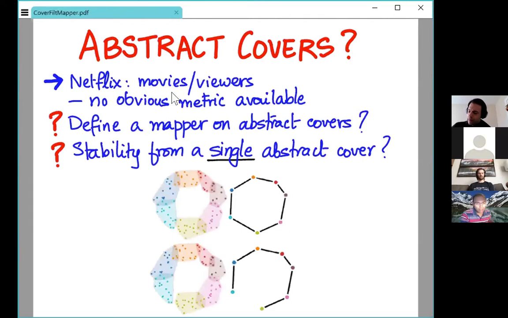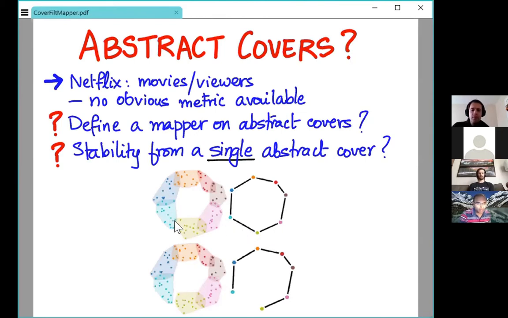And the idea here is illustrated in this example. Let's say we have a bunch of points, and each of these blobs here is an abstract cover. So I'm not using the vertical y height or the x distance as a filter here, but this is just an abstract cover. And notice in particular the cyan blob and the green blob here, which correspond to these two points in the nerve or in the mapper.